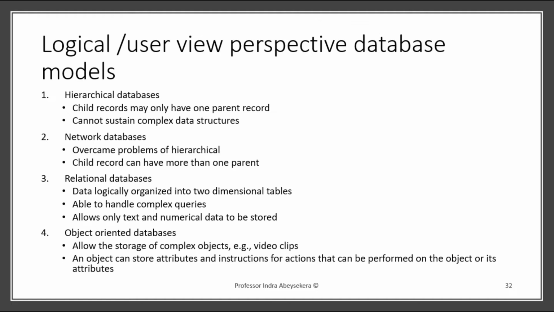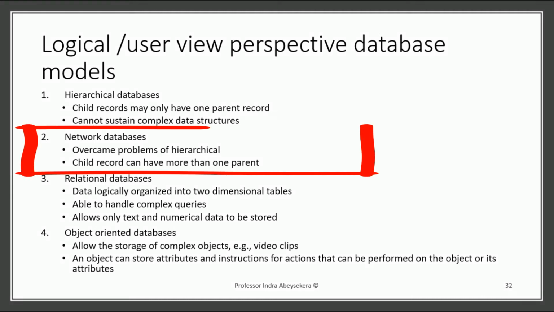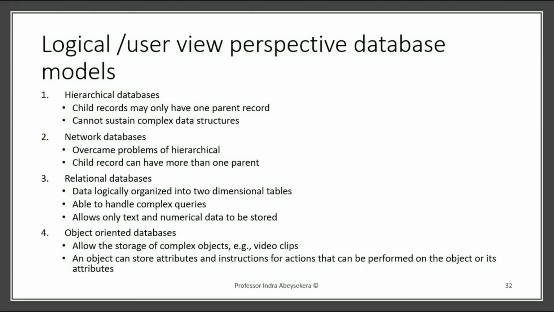The network database follows the hierarchical, but then it can have more than one node. For example, the customer could have a savings account, then a term deposit account, and a loan account, and so forth. So it has kind of a network, and it overcomes the problems of the hierarchy as a result.